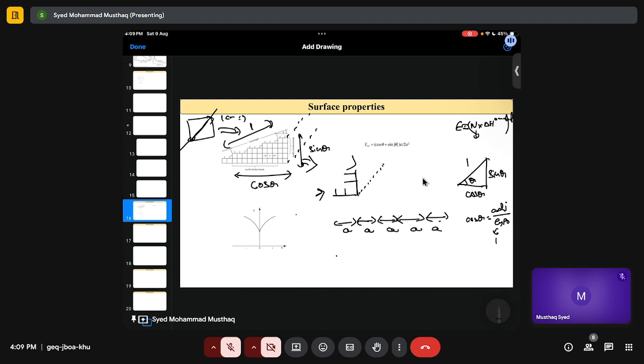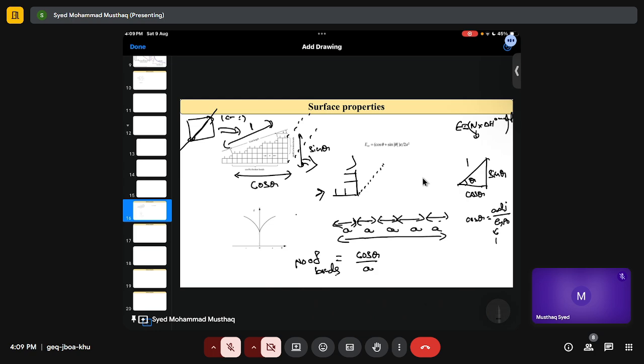So what is each bond length? Then the number of bonds will be cos theta by A. Each bond length is A, so the total distance will be the number of bonds.